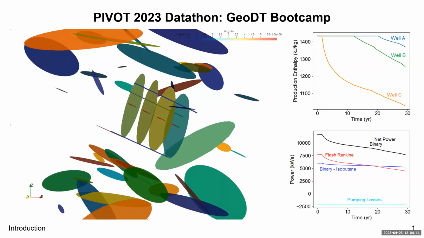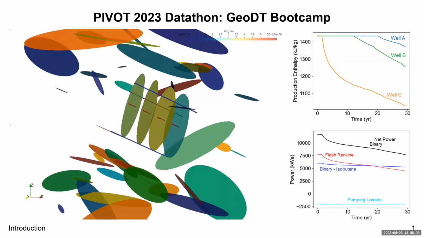So today we'll be going over the GeoDT tool as a methodology for evaluating the geothermal production performance of the fracture systems that you will be identifying or have identified from the microseismic data, fluid injection data, and other sources as part of this Datathon.